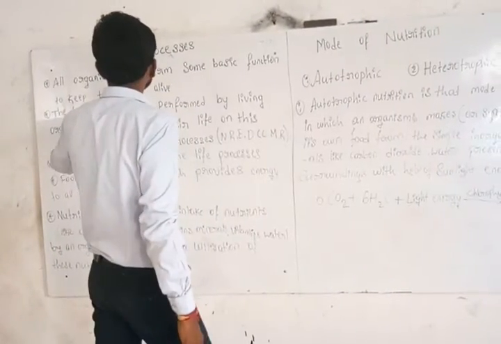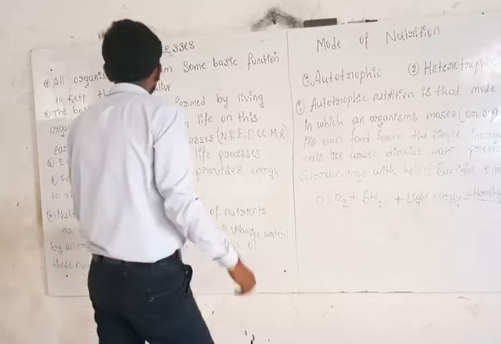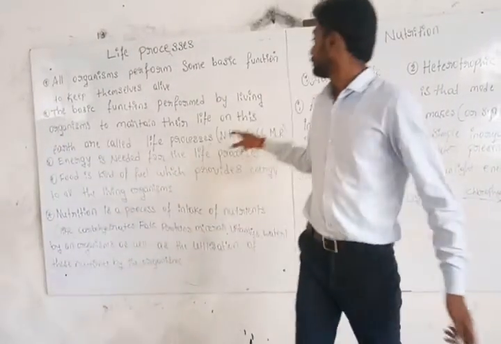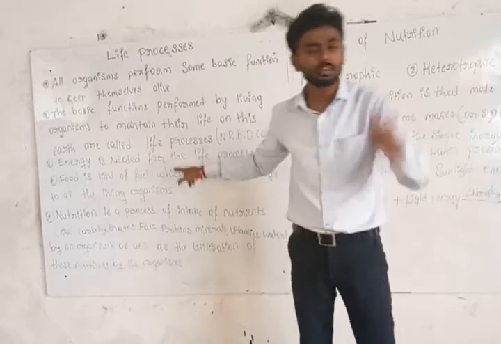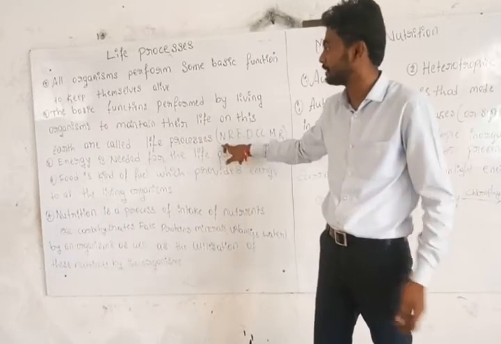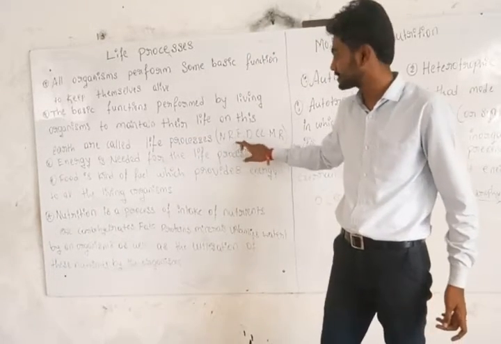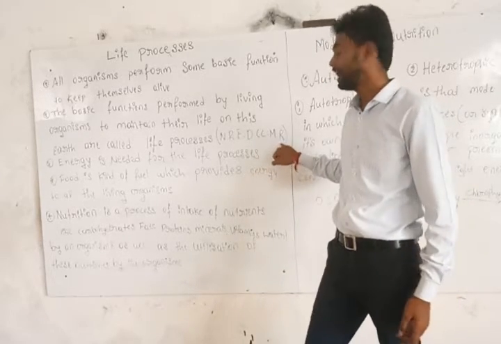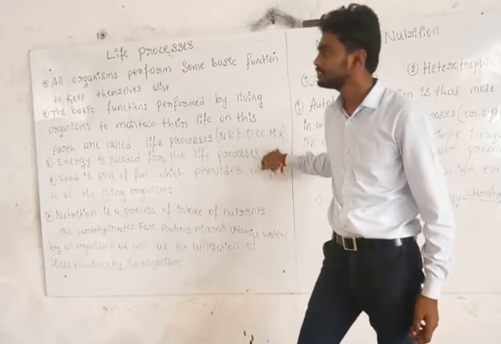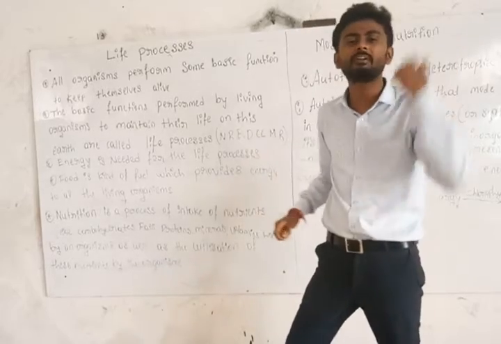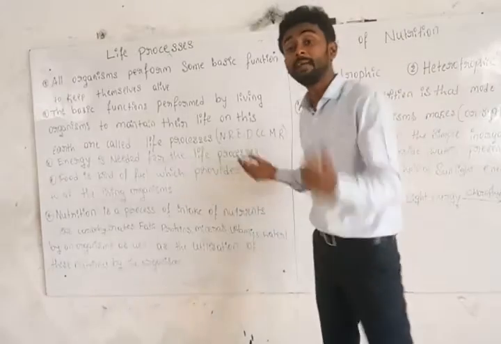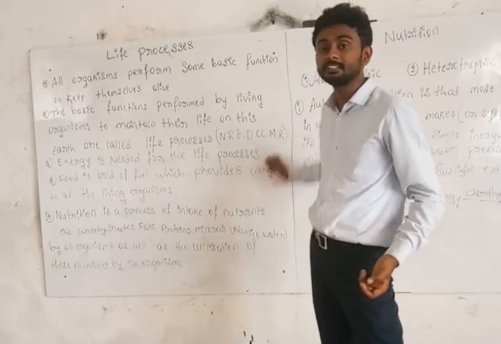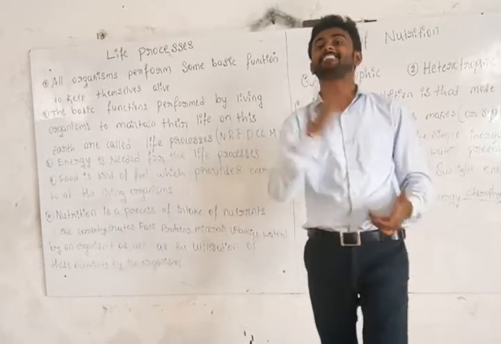So, dear students, the basic functions performed by the living organisms to maintain their life on this earth are called life processes. What are these basic functions? Nutrition, respiration, excretion, digestion, control and coordination, movement and reproduction. These are the main basic functions in our life. These main basic functions need energy.